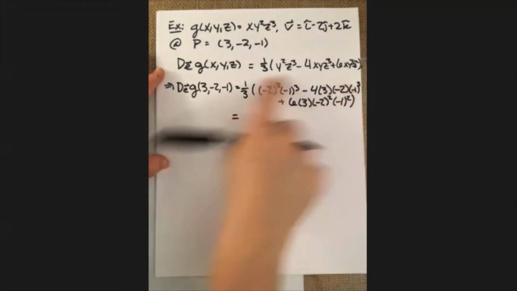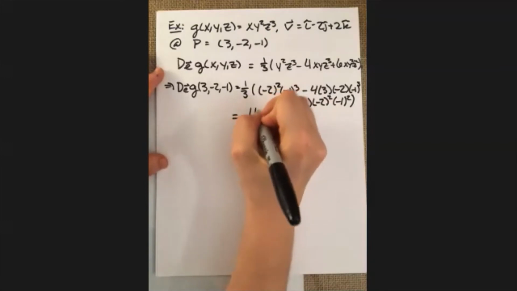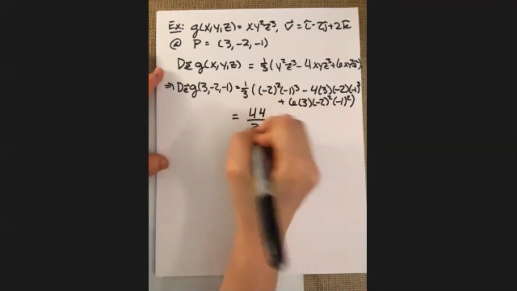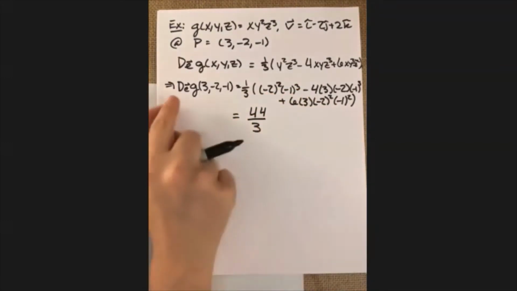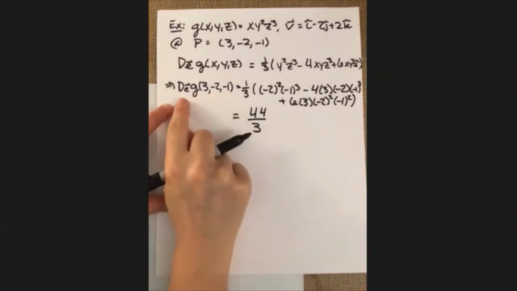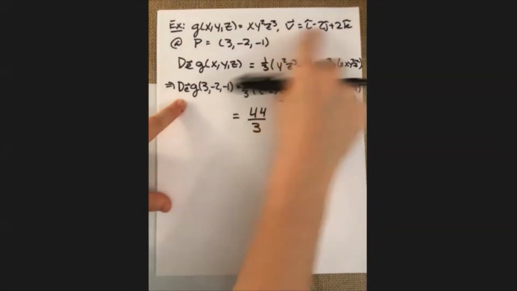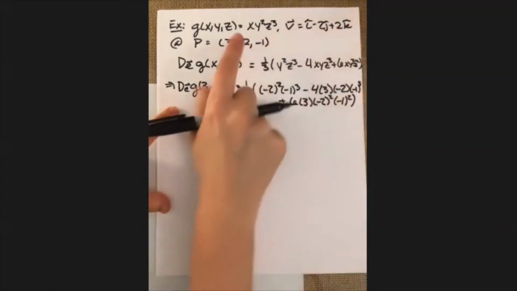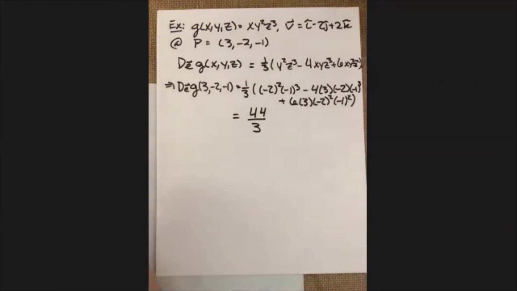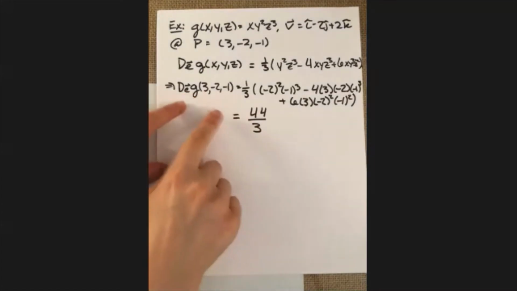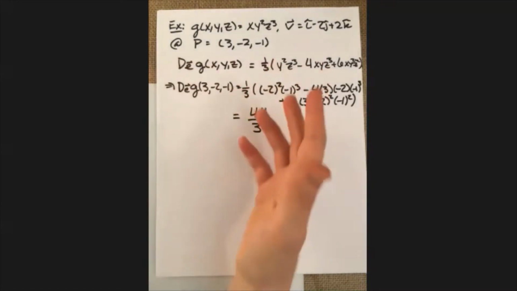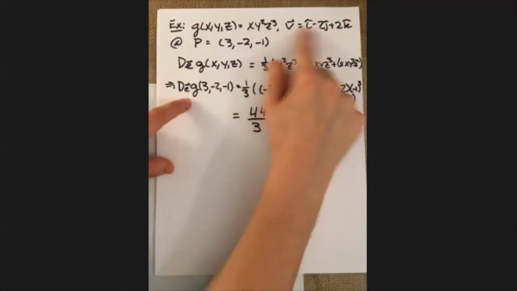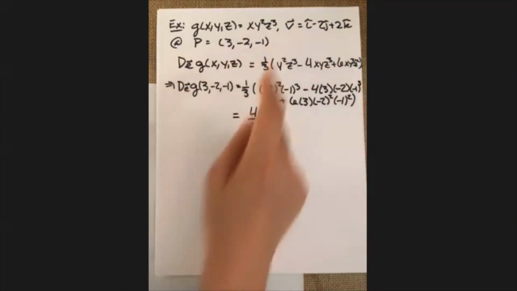You can put all of that into your calculator, and what you should get back is 44/3. So this number right here is the directional derivative of g in the direction of v equal to i hat minus 2j hat plus 2k hat at the point (3, -2, -1). Generally speaking, it gives a notion of how much g points in this direction at that particular spot.